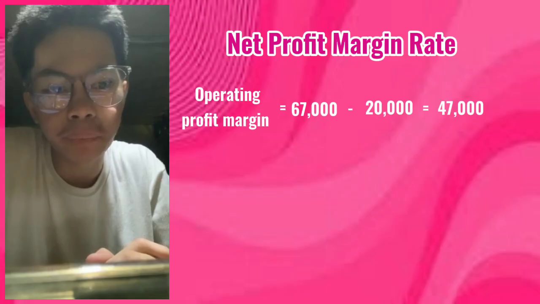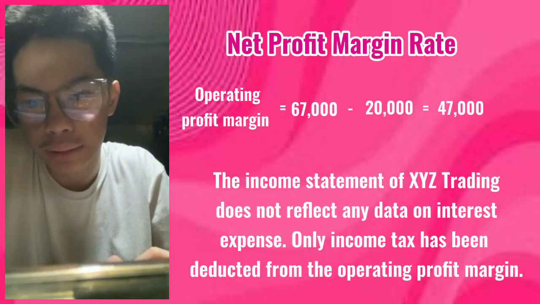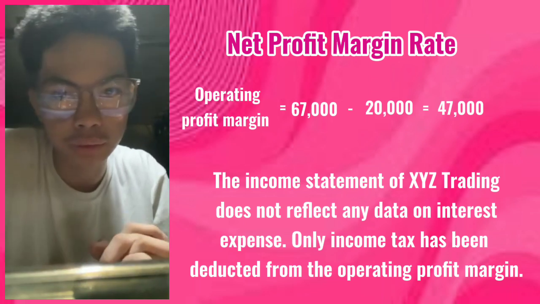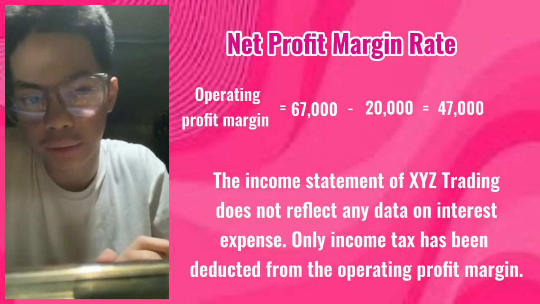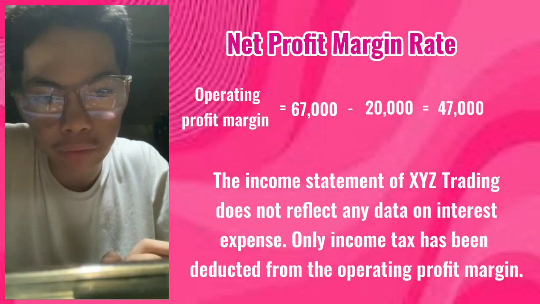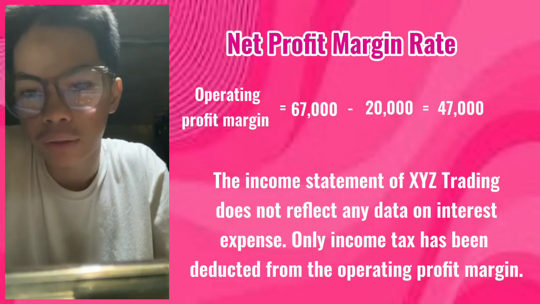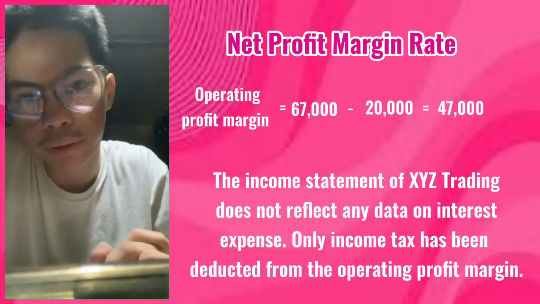It's important to note that in the case of XYZ Trading, interest expense isn't included in this calculation. Only income tax is deducted. The net profit margin is a vital tool for understanding a company's overall financial health and profitability.